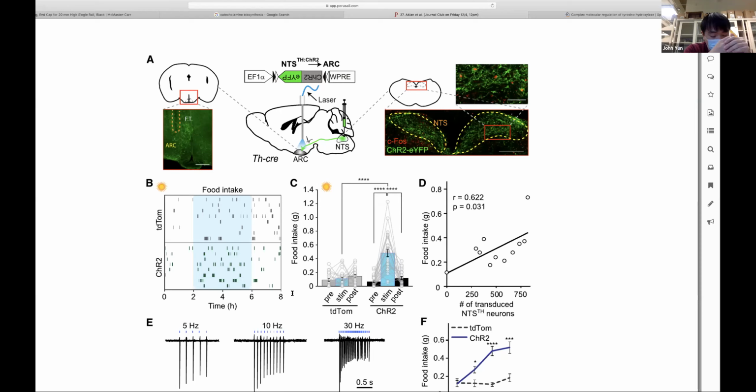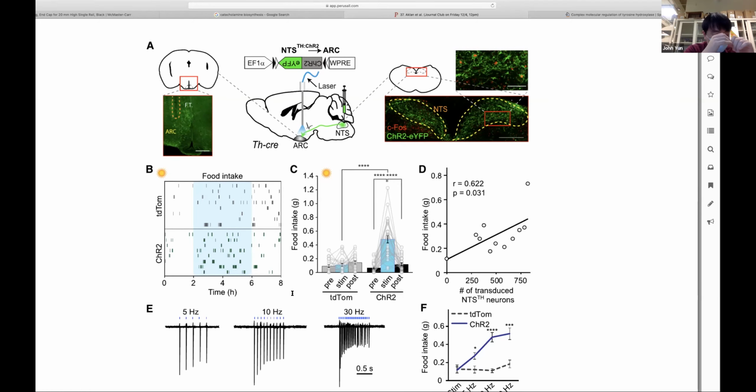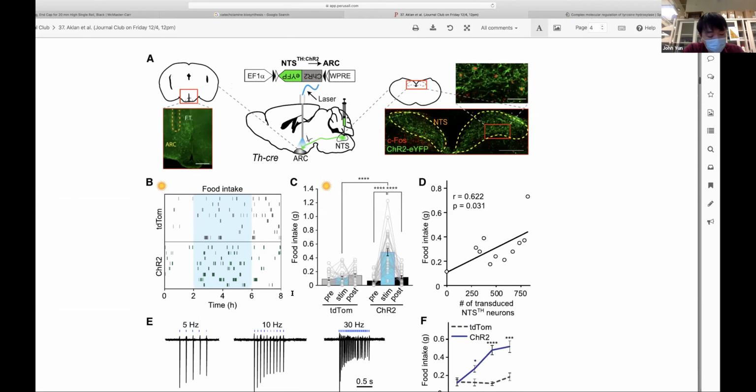In figure D, they tested activating a specific number of neurons, and the more neurons that were activated led to more food consumption. In figures E and F, they changed the frequency of the. Let's go a little bit slower.